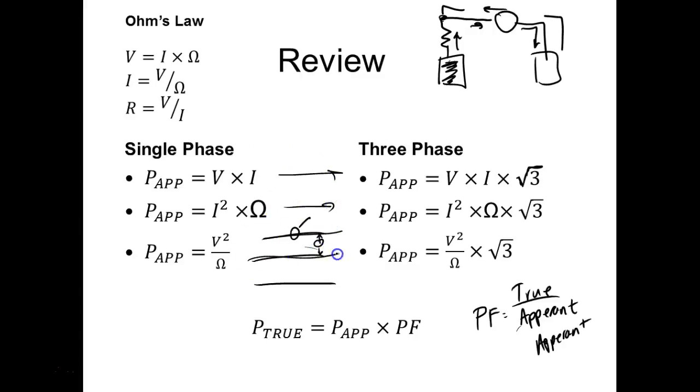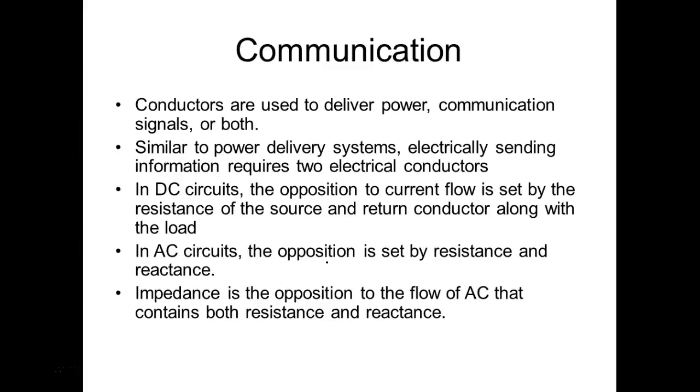Now this is dealing with power transmission. When I get into communication, we're going to deal with something called impedance matching. Communication conductors are used to deliver power and communication signals, both. That's uncommon, but we do run into that.